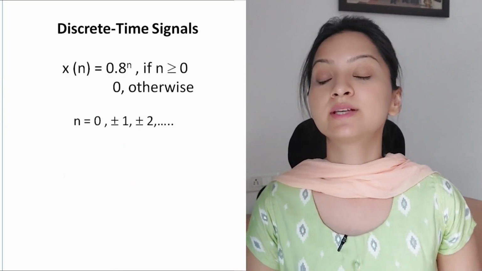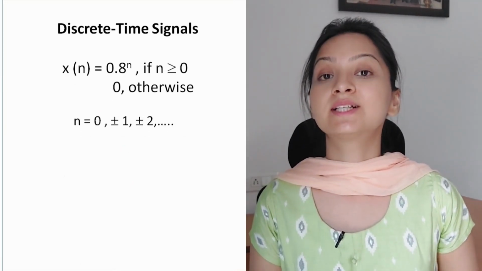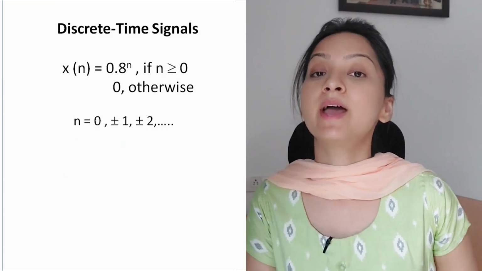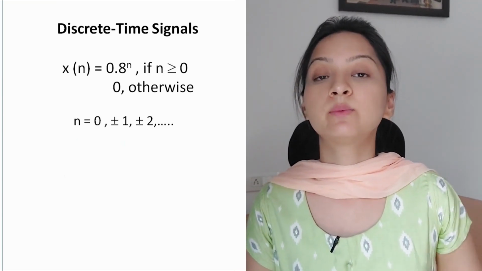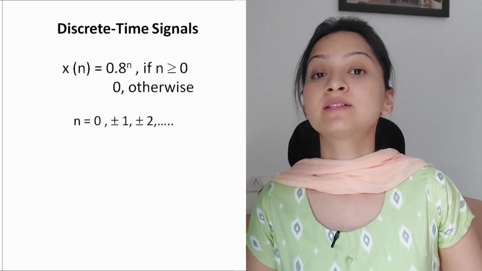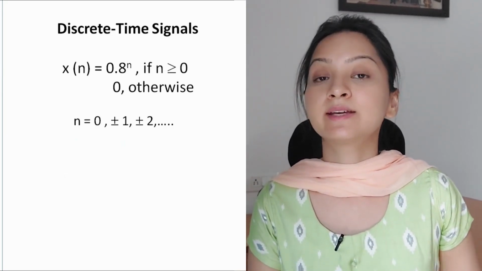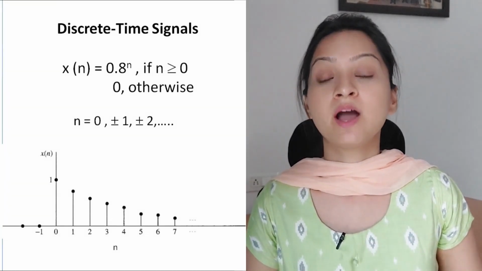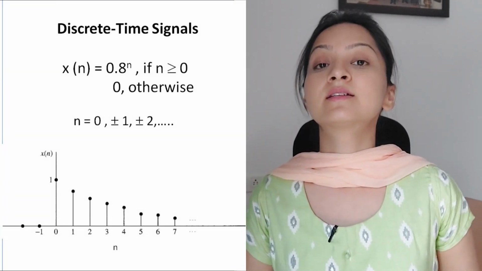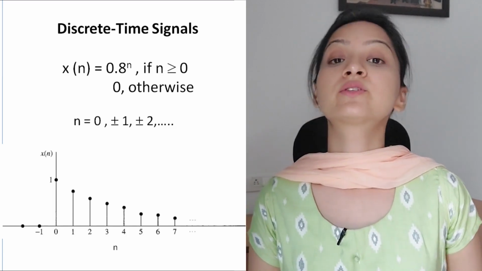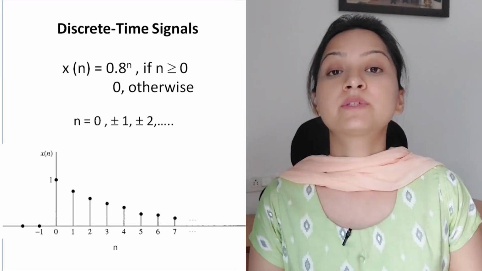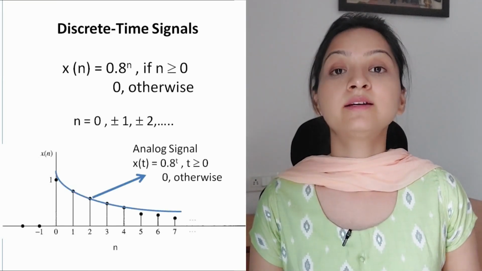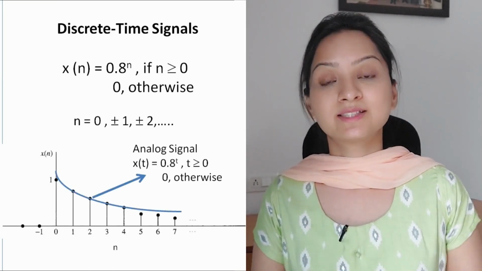It is to be noted here that I represented a discrete time signal as x being a function of some n, which is taking some discrete values, and depending upon the discrete values that n is taking, I am ultimately obtaining a discrete time signal. So as you can see, this is a discrete time signal which is obtained by selecting the values of the analog signal at discrete time instants.